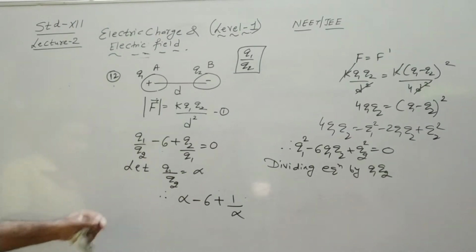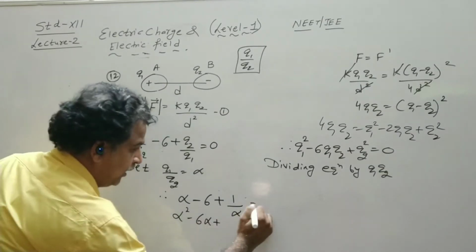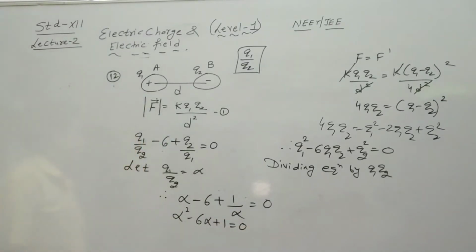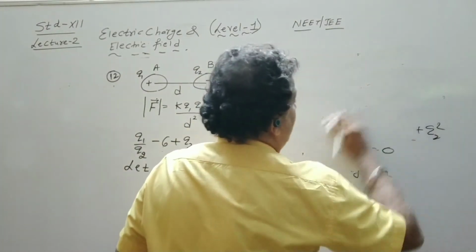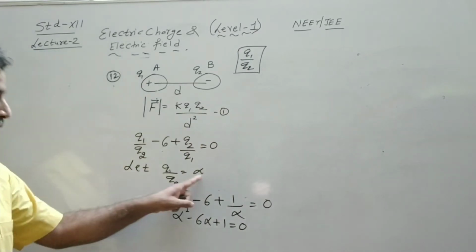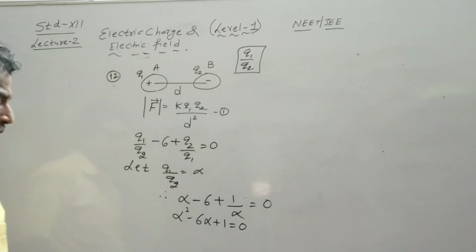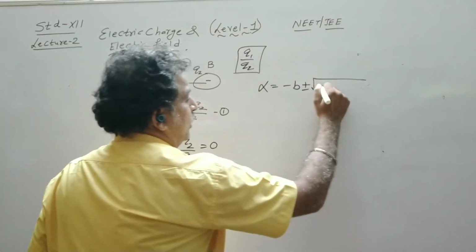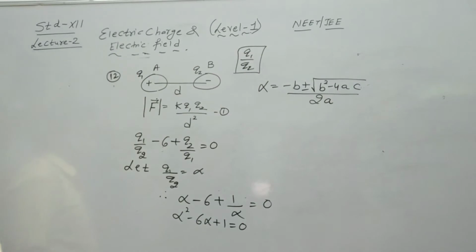See how we construct a quadratic equation? It becomes alpha square minus 6 alpha plus 1 is equal to 0, taking alpha as the LCM. Now it is easy to find the roots of this, where alpha is Q1 by Q2. What we require is the ratio Q1 upon Q2, so we need to find alpha only. The root of alpha is minus b plus minus under root b square minus 4ac, that is our discriminant formula, upon 2a.